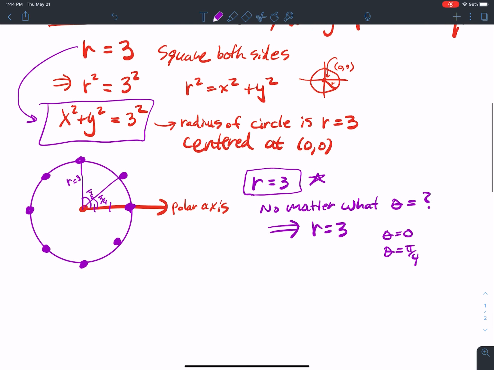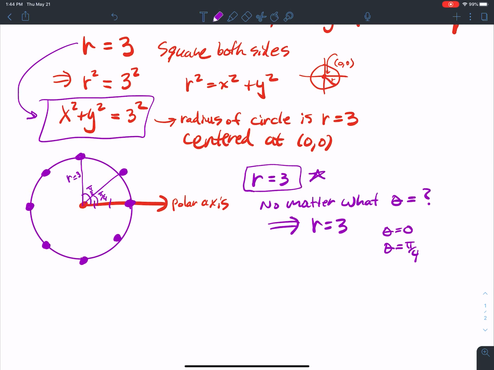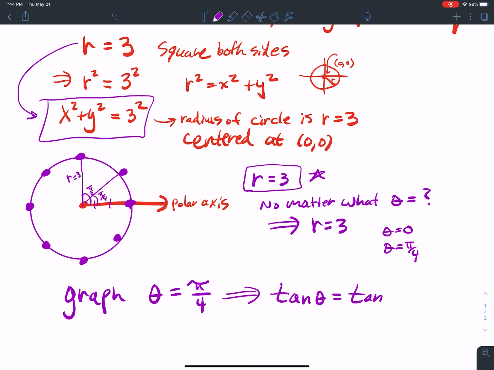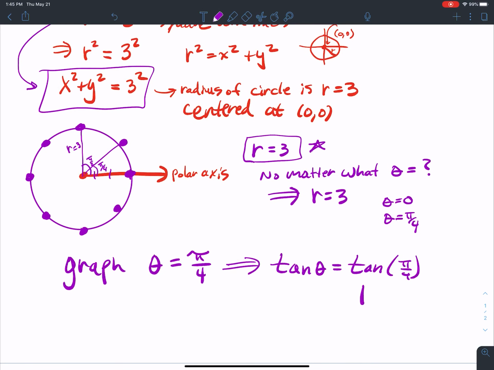Let's try another one. Graph theta equals pi over 4. So how do I convert this to rectangular? First thing I'm going to do is take the tangent of both sides. That gives me the tangent of theta equals the tangent of pi over 4. Luckily, the tangent of pi over 4 is 1.